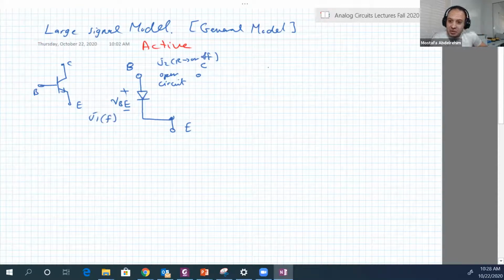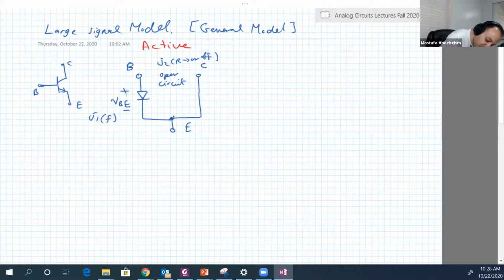And between the collector and the emitter, remember we said that with transistors, we succeeded in creating a voltage dependent current source, which is IC. So this is IC, a voltage dependent current source.